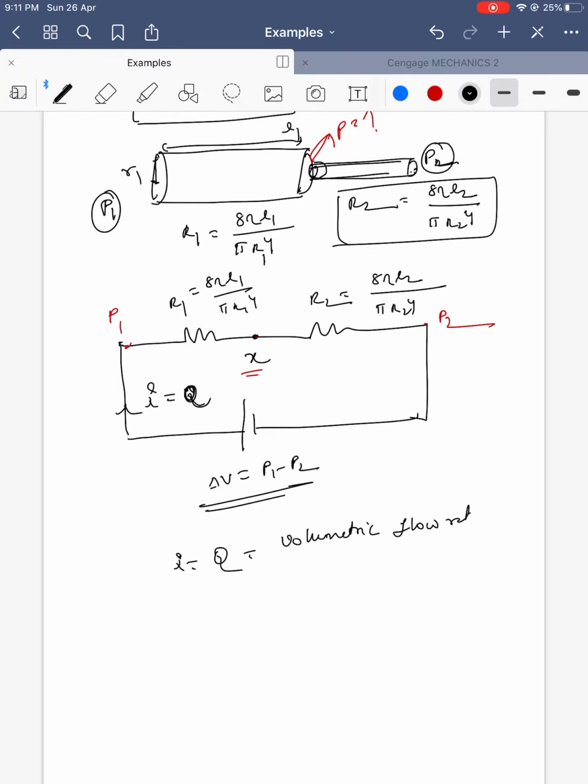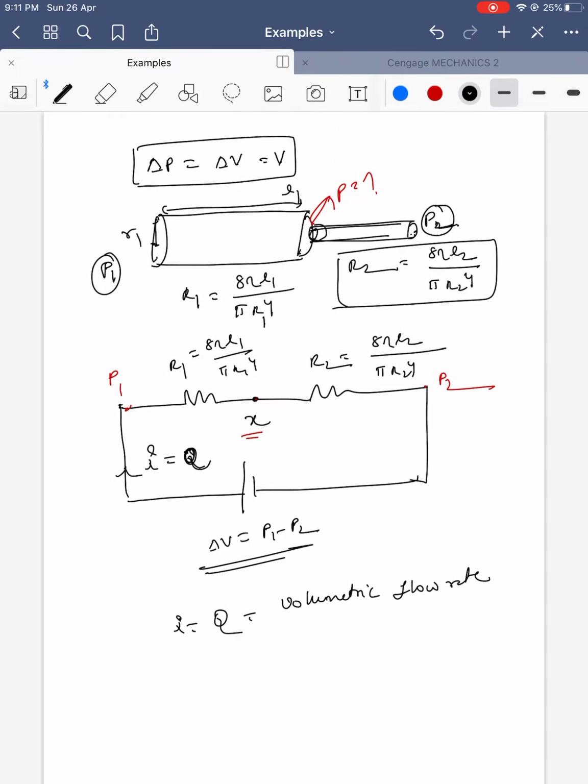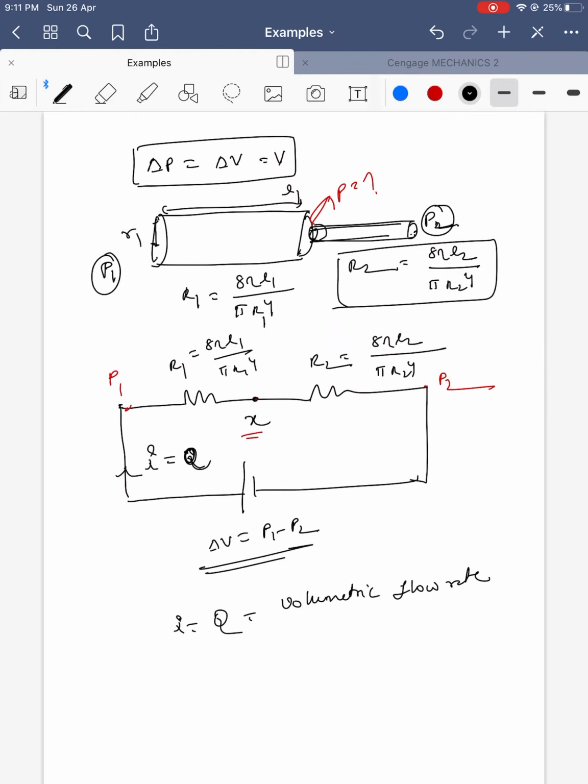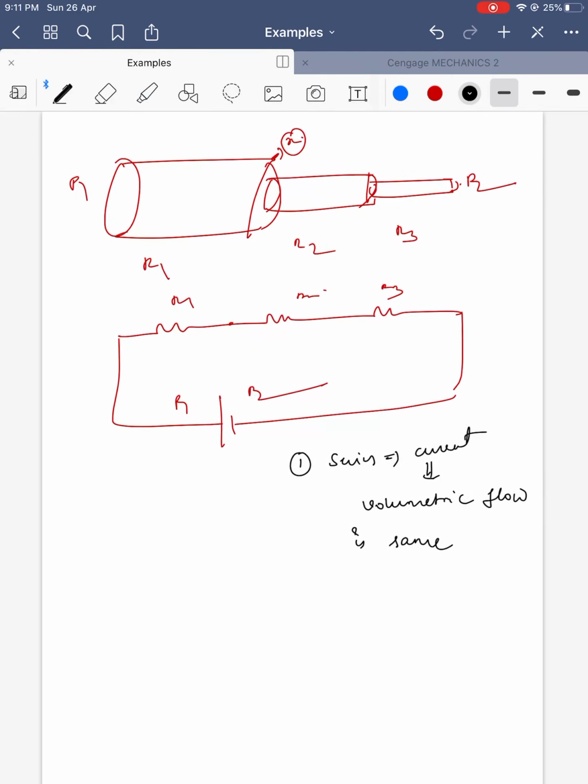When the tubes are in series, the current or volumetric flow is the same. Okay, that is the series connection. Next, let's go to the parallel connection.